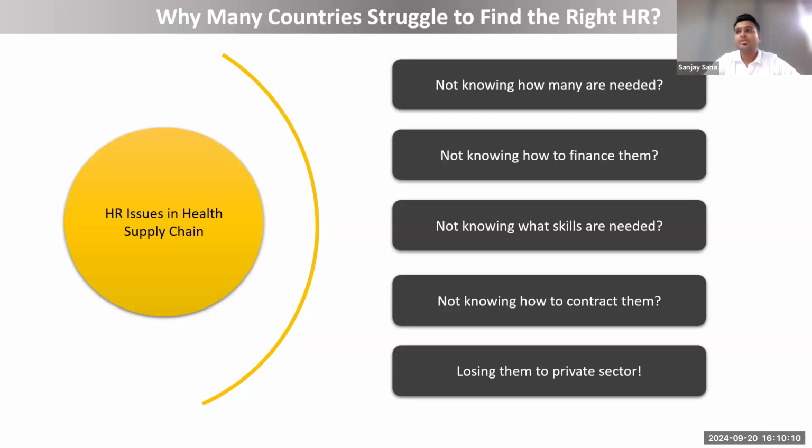The bigger issue is that a lot of times organizations, first of all, do not know how many human resources they need for their supply chain operations. Supply chain operations in any state in Nigeria is a multi-tiered operation. First of all, there is a federal level, then there is a state level.